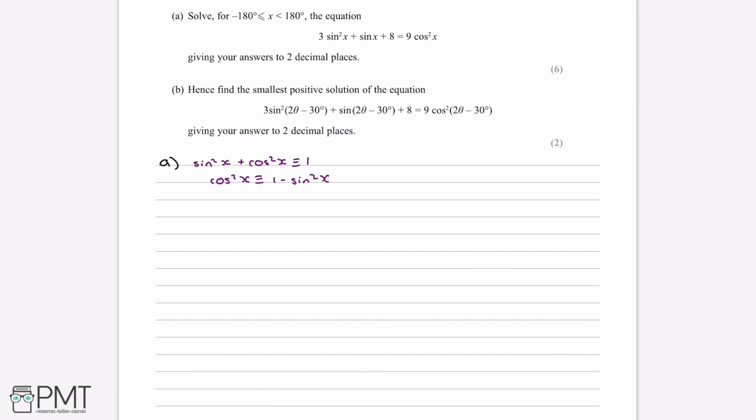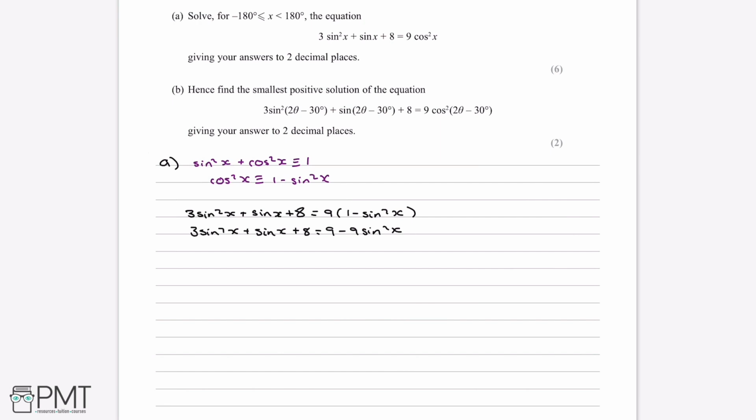And so, in the equation we're given in the question, if we replace cos²x with 1 - sin²x, we will now have everything in terms of sine. If we expand out this bracket, we are left with 9 - 9 sin²x.